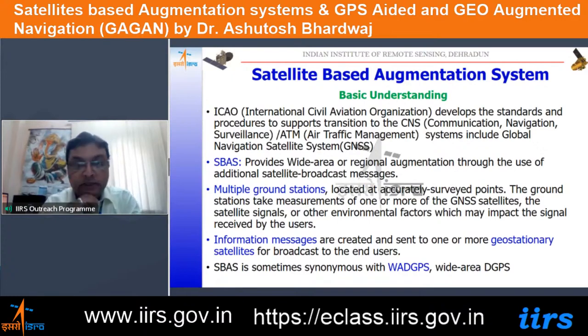So GNSS standalone accuracy is 10 to 20 meters, as we have understood. If we are doing the DGPS survey, then also with the best of our methods, we are getting the 20 centimeter or so accuracy. This 20 centimeter accuracy of GNSS is with respect to the satellite laser ranging systems.